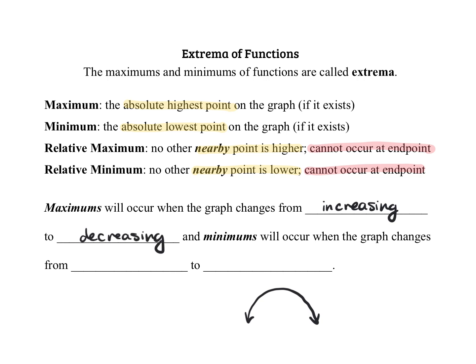So notice here we are increasing, and then all of a sudden we're decreasing, and that will create that maximum. And minimums will occur when our graph is changing from decreasing to increasing. And again, this could be an absolute max or min or a relative max or min, depending on the graph.